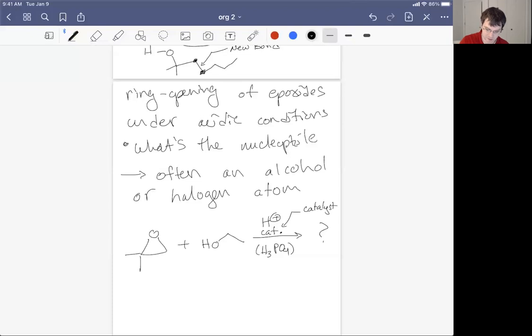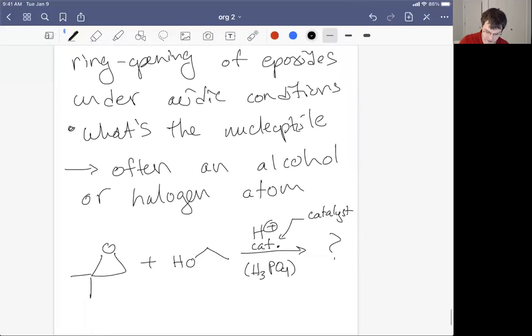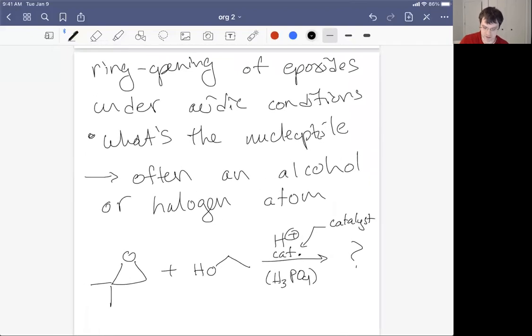But if you put a cat with a period, it's implying that we're using the H plus as a catalyst, or we're adding a substoichiometric amount, that is a small amount of H3PO4 to donate a small amount of H plus. We don't need a full stoichiometric equivalent, a full molar equivalent, a 1-to-1 ratio of moles. We don't need that for this reaction. Instead, we can just get away with simply using a smaller amount.